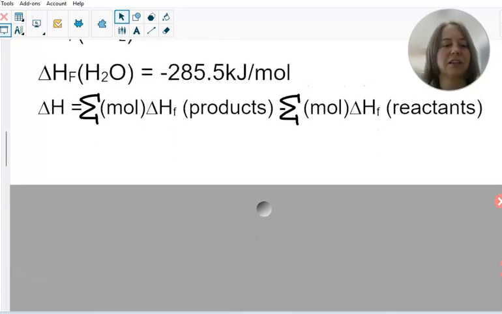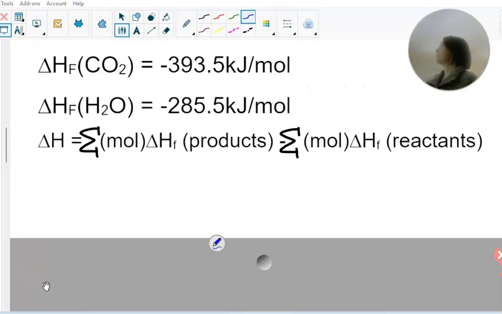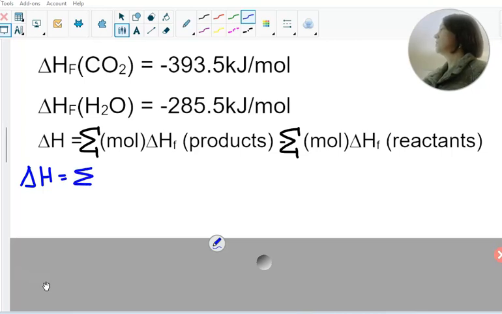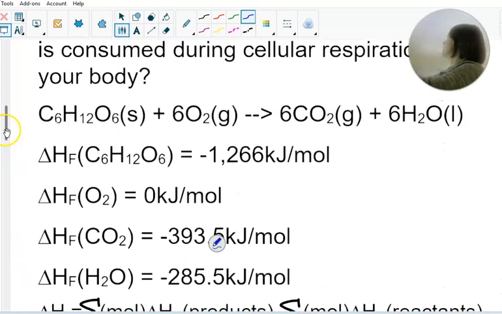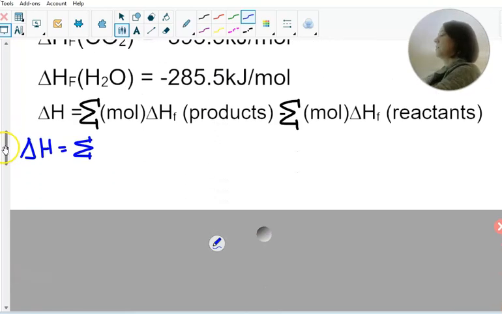Let's do it. Okay, so we're ready to sub in our numbers. We have our delta H equals our sigma, and don't forget it's the products first. So let's start with carbon dioxide.